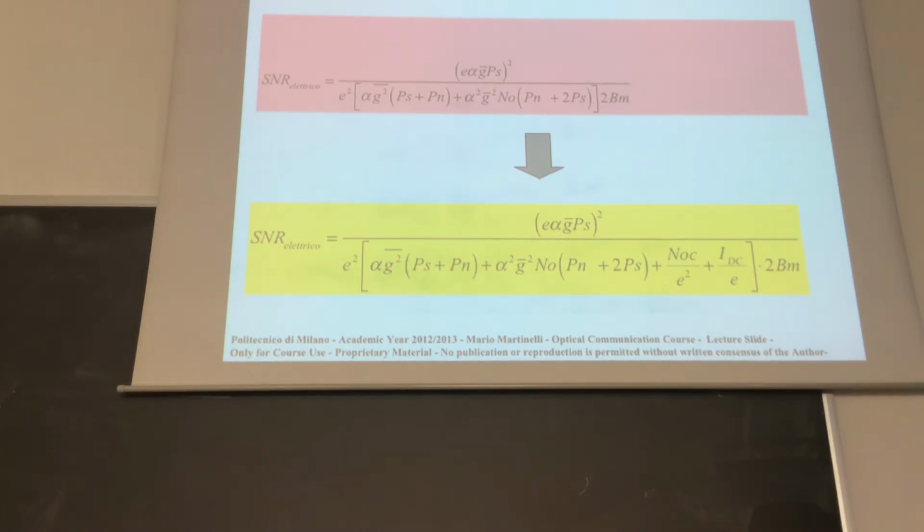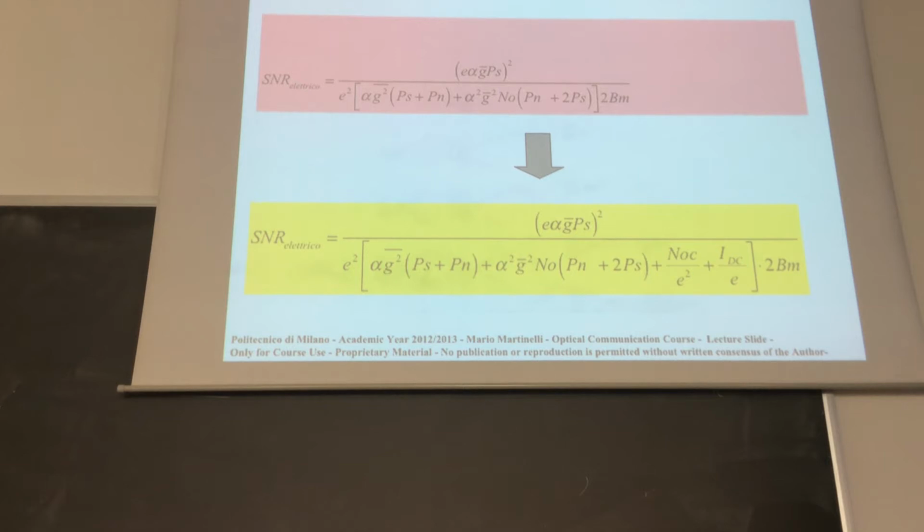Then we arrive in my photodetector after one or more amplifications. And I call this direct detection in presence of optical amplifier. And then the third situation is this one.